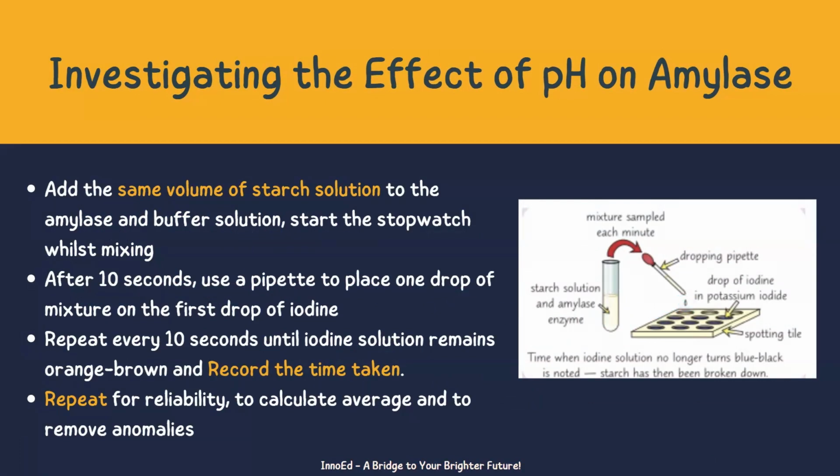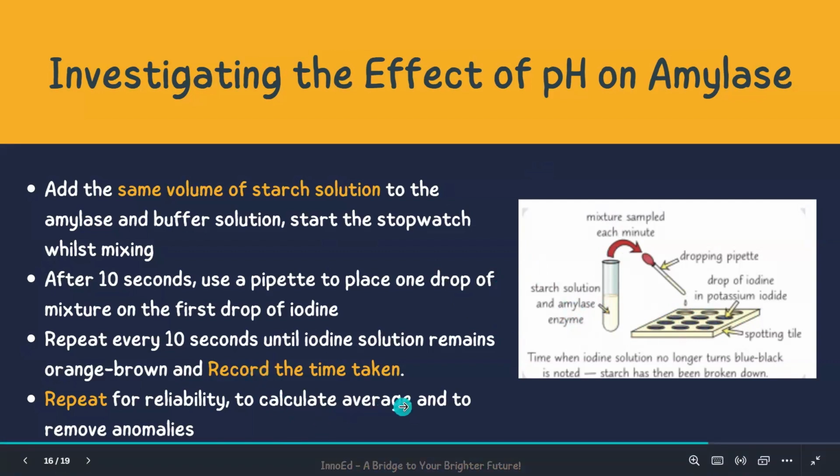You repeat this every 10 seconds until the iodine solution remains orange-brown, which means there is no starch in the mixture. The starch is completely broken down by the amylase. Then you record the time taken. This whole investigation has to be repeated just like the one before for reliability, to calculate an average, and to remove anomalies.